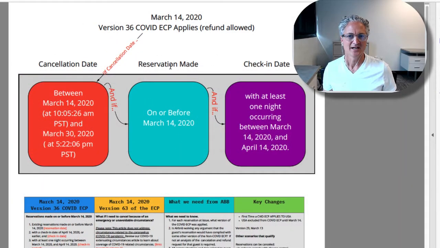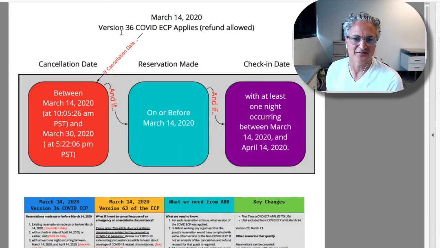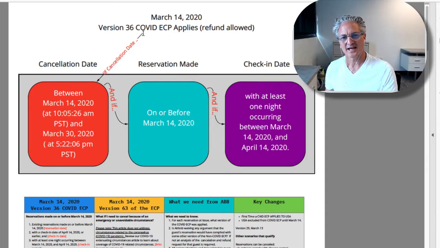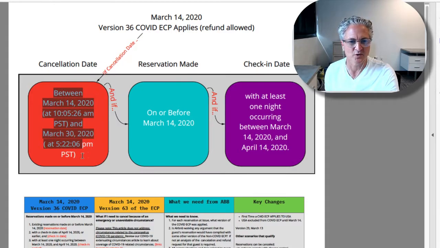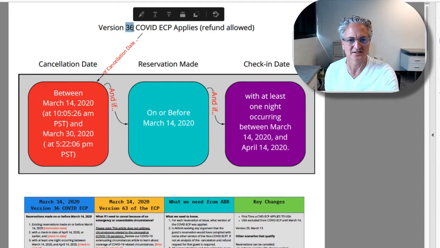All right? So the first thing you have to do is take a look at the cancellation date. If someone canceled on March 13th, this policy didn't even exist yet, and your cancellation policy should apply. If someone canceled between March 14th and March 30th, then this is the policy version 36 that's going to apply.